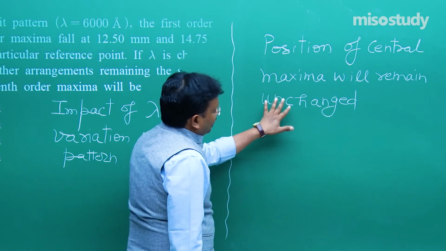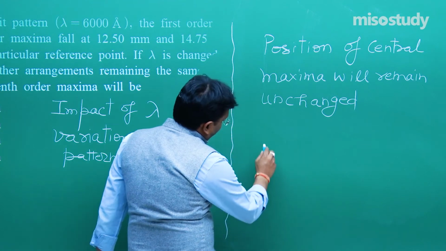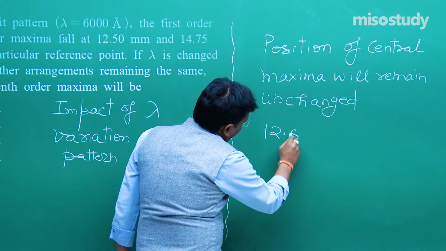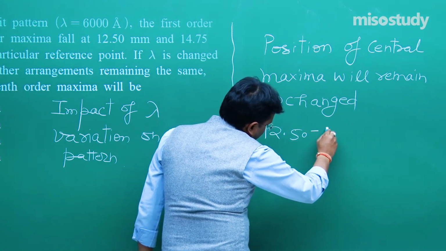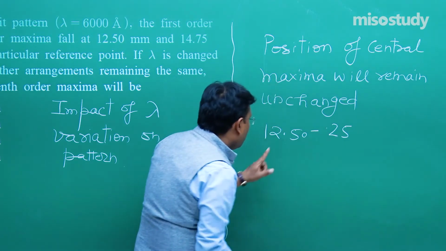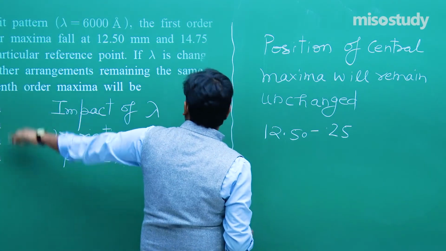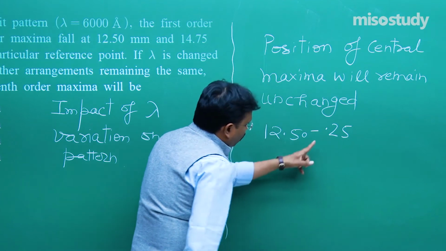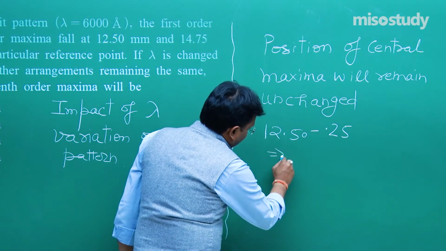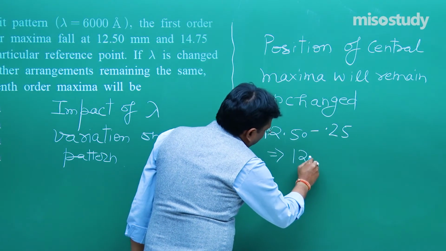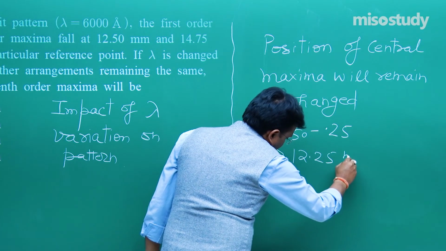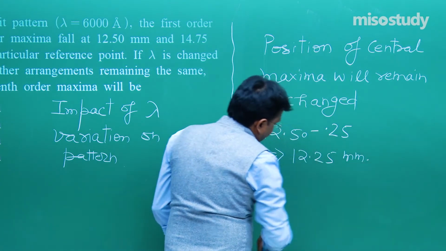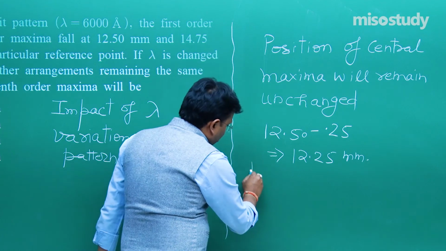Unchanged. Position of central maxima will remain unchanged. So, what you can say: 12.50 minus 0.25, 12.50 mm given minus 0.25 mm. So, ultimately you will get 12.25 mm. Fine.